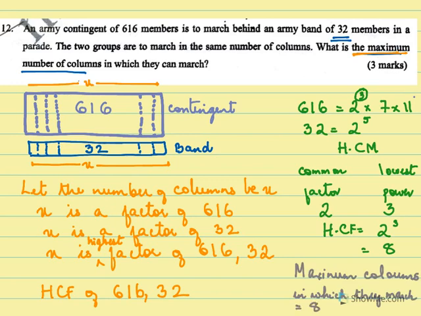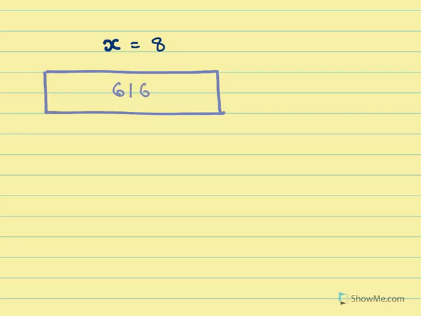Let me explain the meaning of this sum again. Remember we got x equal to 8, which means x is the maximum number of columns. Here we had these contingents with 616 people, and we already calculated that the number of rows here should be 8.